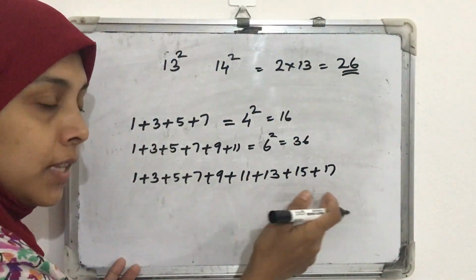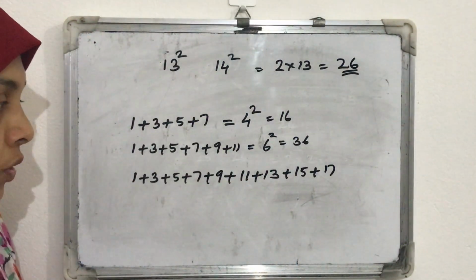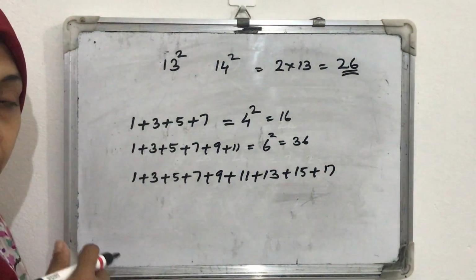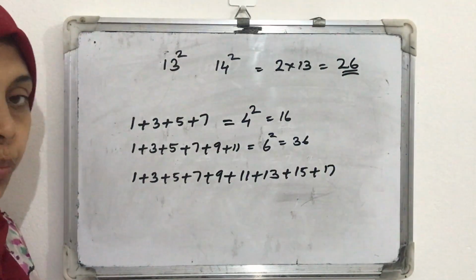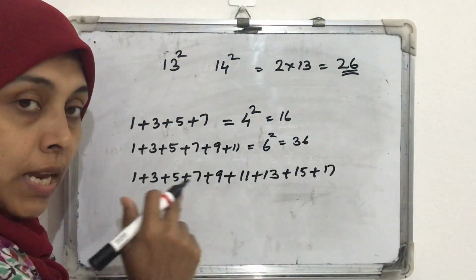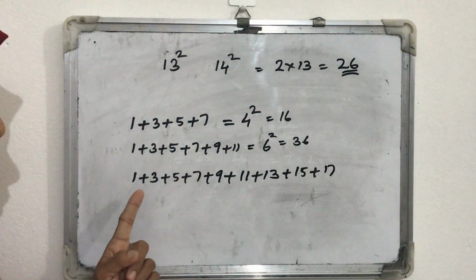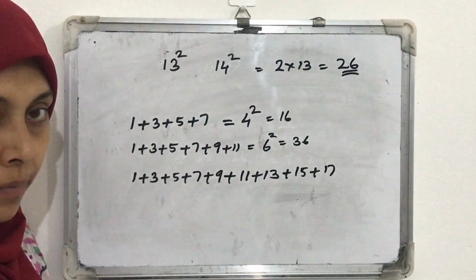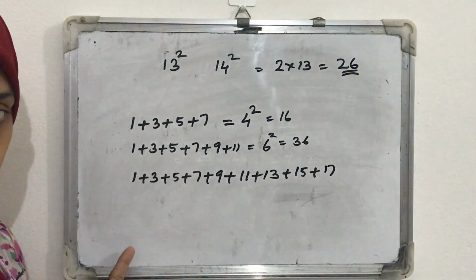When we add this we will get 81. So using that property we can answer. Express 81 as a sum of 9 odd numbers. Okay, starting from 1 we will get that. Here we used 9 odd numbers and also its sum is 81. So this is the correct answer.